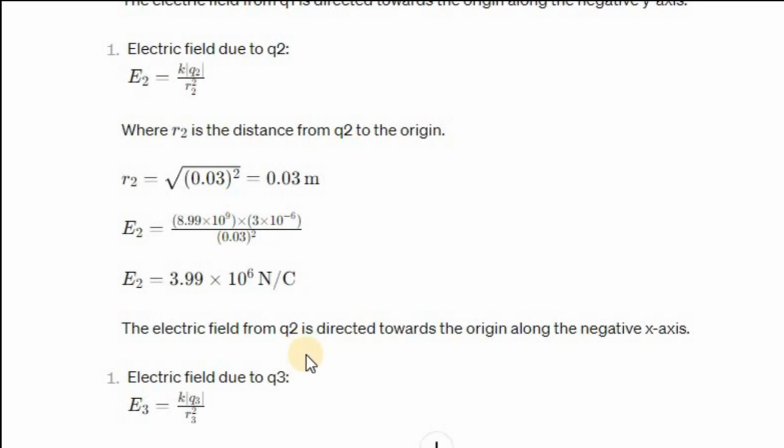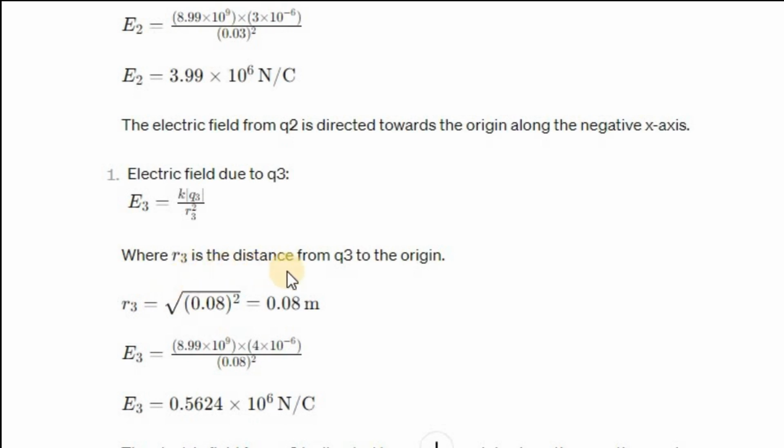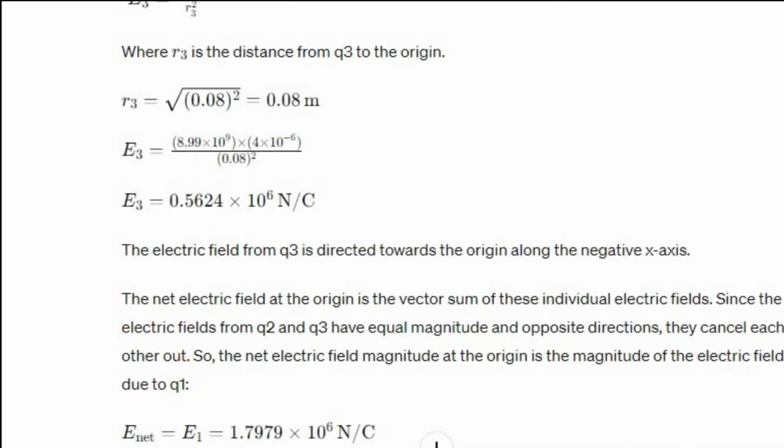Electric field due to Q3, where R3 is the distance from Q3 to the origin. E3 is calculated the same way, and the electric field from Q3 is directed toward the origin along the negative x-axis. The net electric field at the origin is the vector sum of these individual electric fields.